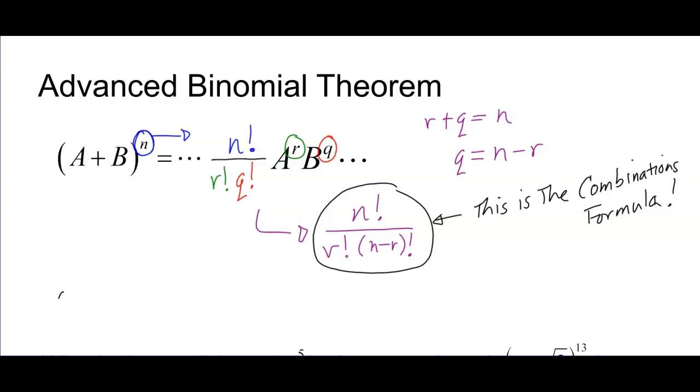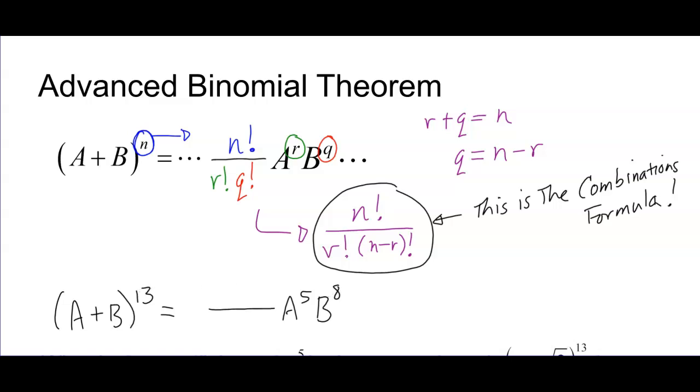So let's do a quick example of how this formula would apply if you were doing a plus b to the 13th, and let's say we were working out a term that had a to the 5th, b to the 8th. Notice 5 plus 8 adds up to 13.